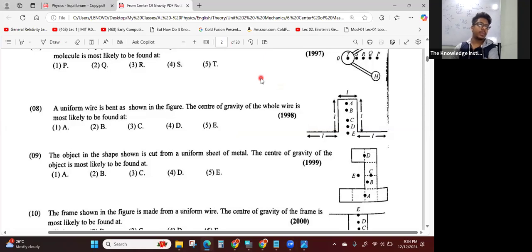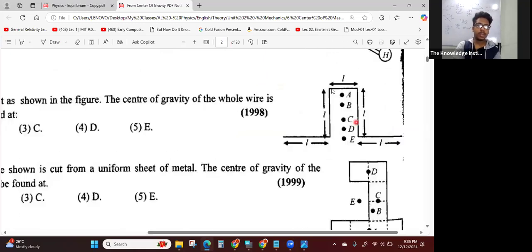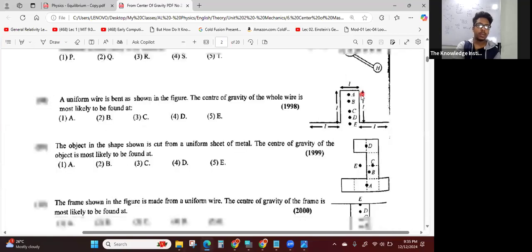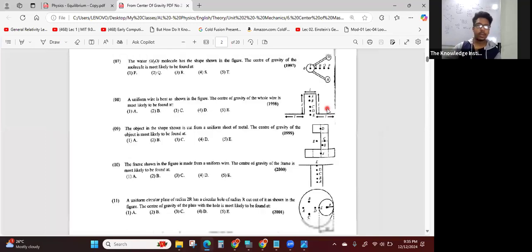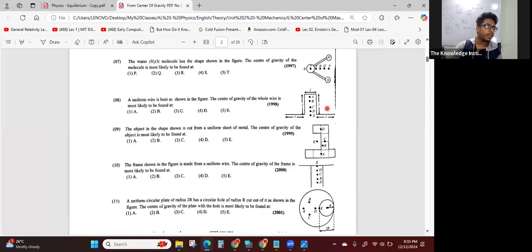A uniform wire is bent as shown in the figure. The center of gravity of the whole wire is most likely to be at... I think here there is a mistake again in this figure. It has to be the same length. L should be the same length here, and then L length. Again, the same length here.